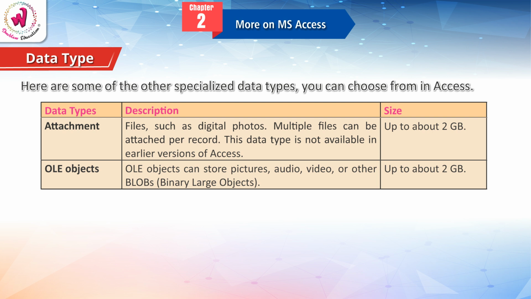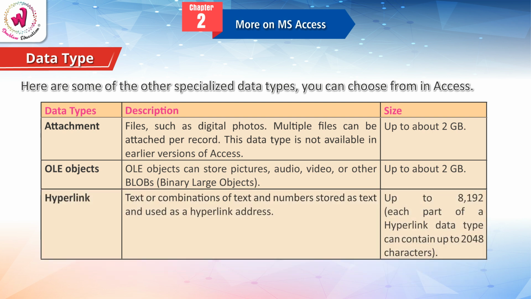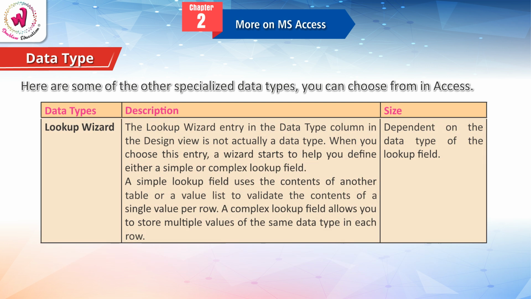OLE objects can store pictures, audio, video, or BLOBs, binary large objects, up to about 2 GB. Hyperlink. Text or combinations of text and numbers stored as text and used as a hyperlink address. Up to 8,192 characters; each part of a hyperlink data type can contain up to 2,048 characters.